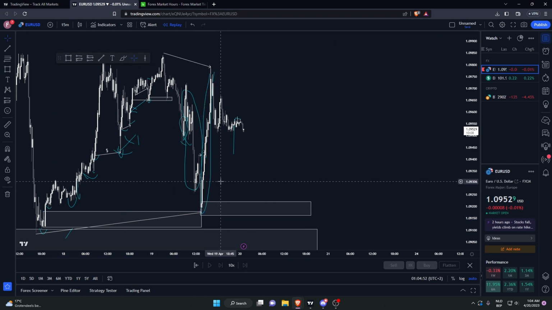How much did I make? So on that trade, I made 7%. So I think I risked 0.75%. I was trying to risk 0.5, but I think the price went too fast, so I risked 0.75 by accident.